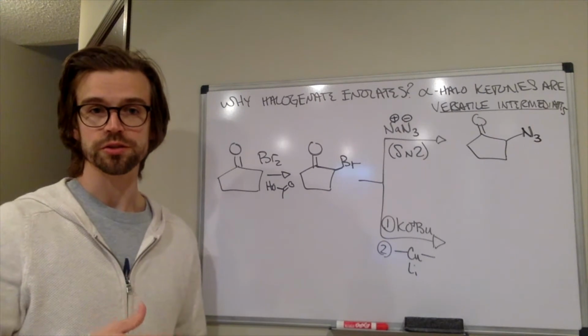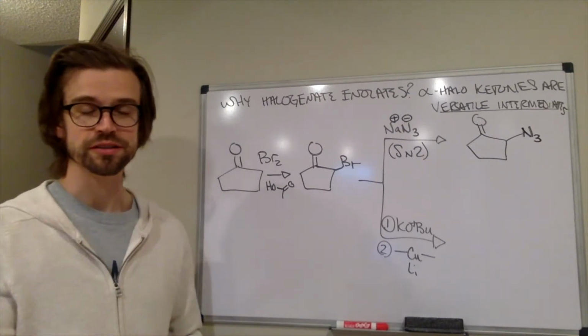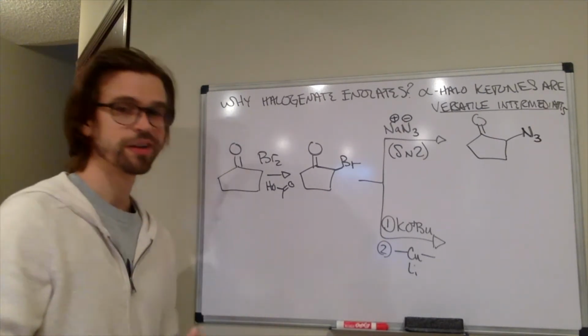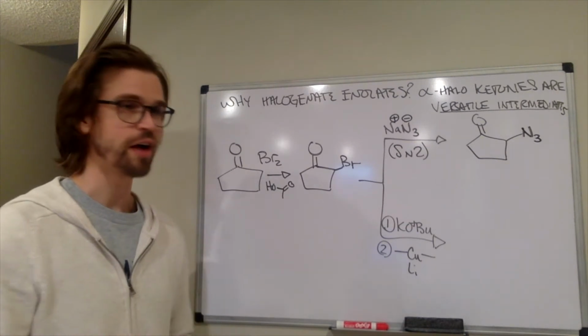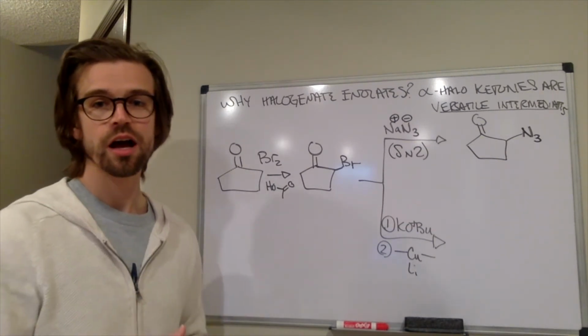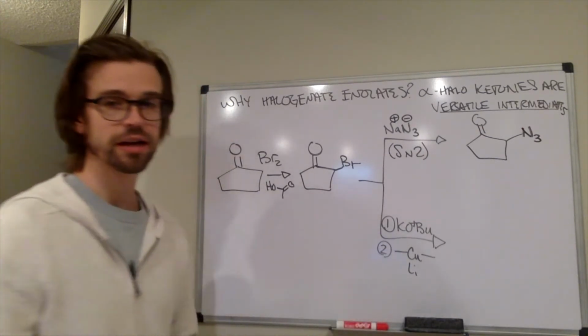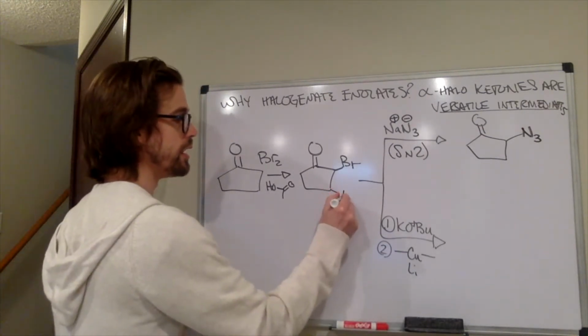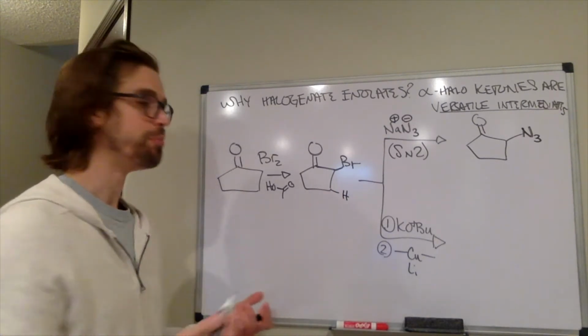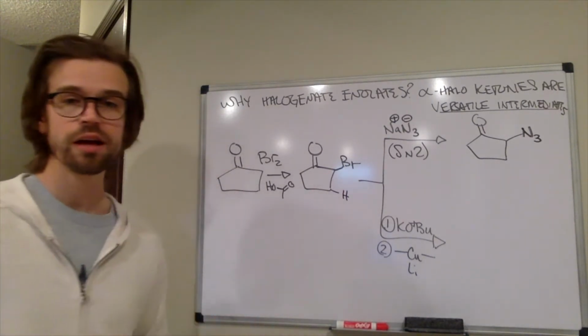What else can we do? Well, we did substitution. What was the natural complement to substitution? It was elimination. How can we force an elimination here? Well, if we use a big bulky base, such as potassium tert-butoxide, that will pull off the hydrogen in that beta position to the halogen.